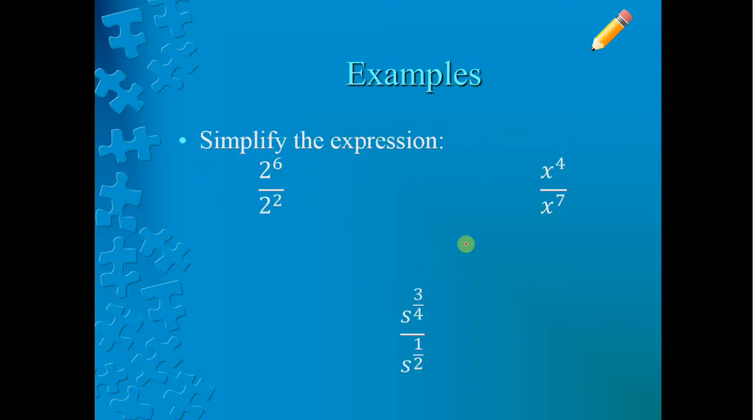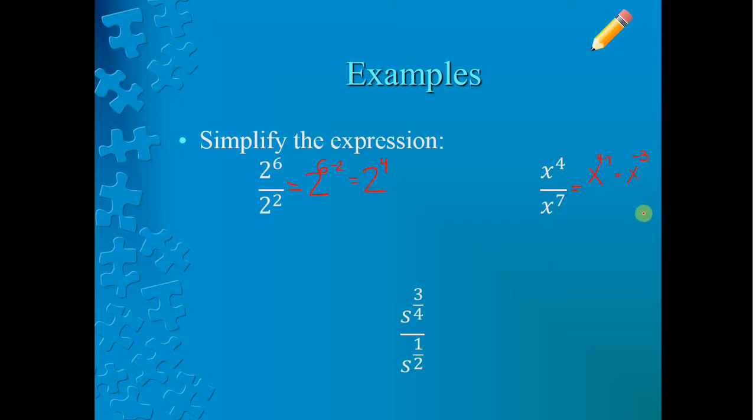So let's try a few examples here, just to clear up some confusion. 2 to the 6th over 2 to the 2nd. We're going to subtract 6 minus 2, so we get 2 to the 4th power. What about this one? We're going to go x to the 4 minus 7. 4 minus 7 is negative 3.